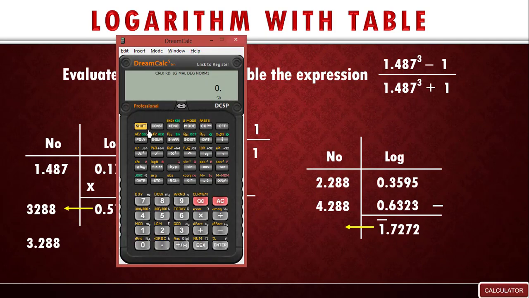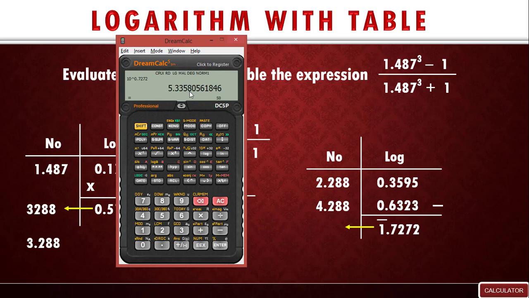Okay, press your shift or your second function log, then press 7 2 7 2 and press equals to. So we only need the digits, excluding the decimal point we have. So we only need 5 3 3, then we are stopping here.